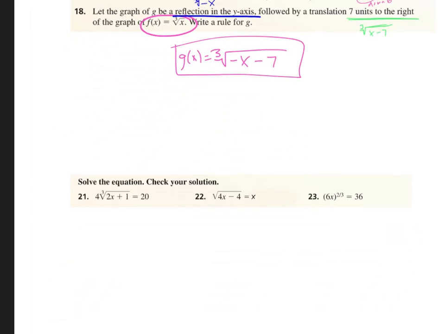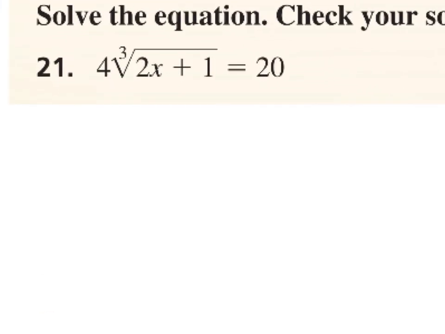Alright, let's look at 21. What do we do here? How do we solve for x? Awesome, we need to isolate the radical, so divide by 4 on both sides.